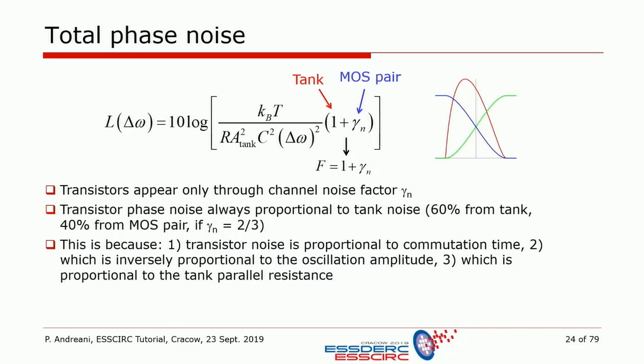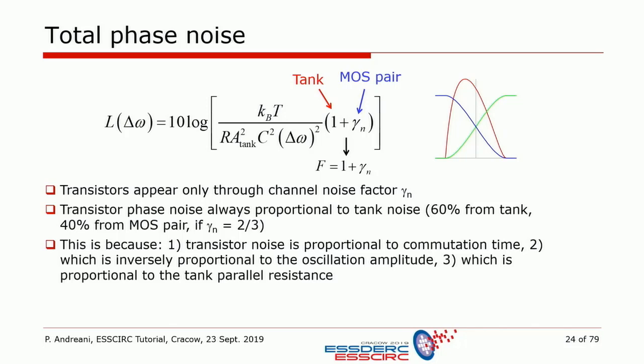So what happens is that, for the first thing, the transistor noise is proportional to the commutation time. Okay? The longer the commutation time, the more time has the transistor to generate noise that is injected into the tank. On the other hand, the commutation time is inversely proportional to the oscillation amplitude.